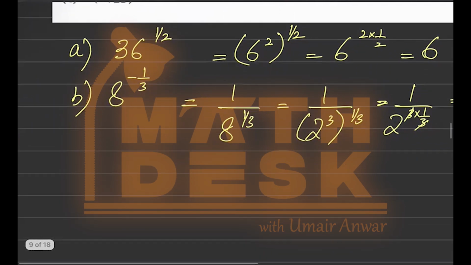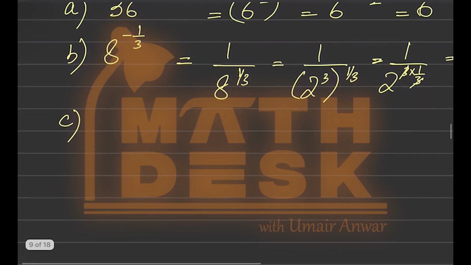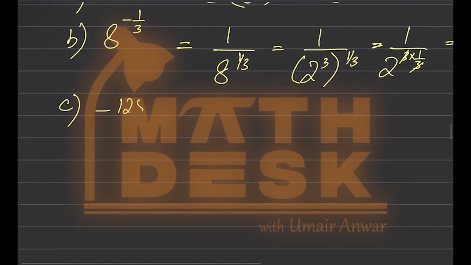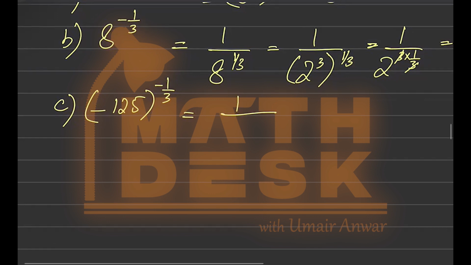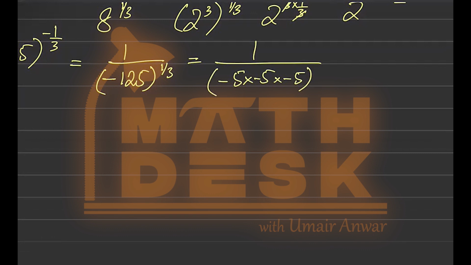In part C, it says that minus 125 raised to minus 1 upon 3. Now to change the sign of the index, the term should be moved in the denominator. So I would be writing 1 upon minus 125 raised to 1 upon 3. Now minus 125 is basically the product of minus 5 into minus 5 into minus 5, and this whole raised to 1 upon 3.